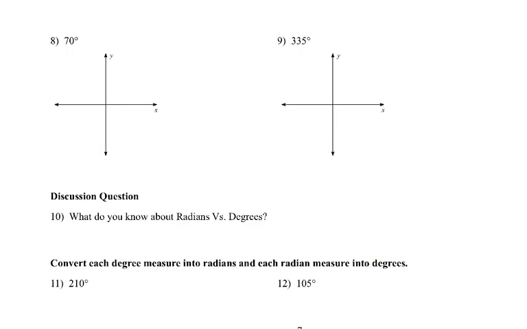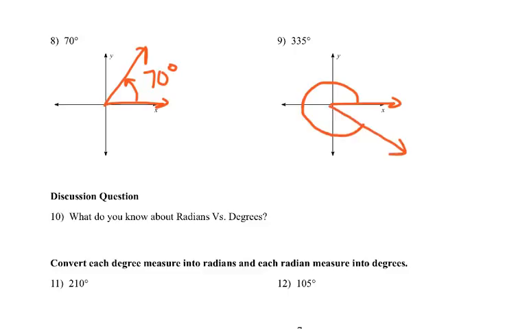Okay, 70, initial angle, terminal angle about there, 70 degrees. 335, initial angle, 90, 180, 270, 335, be pretty close to 360, so something close to that would be 335.